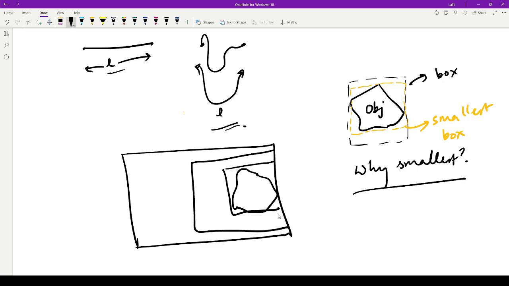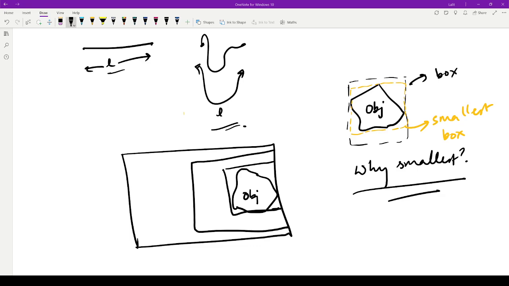But if you have a box which is tightly enclosing the object, then it's more informative because you are now able to define a smaller region where you are certain that the object exists. So you generally take the smallest box or the smallest circle for bounding the object.